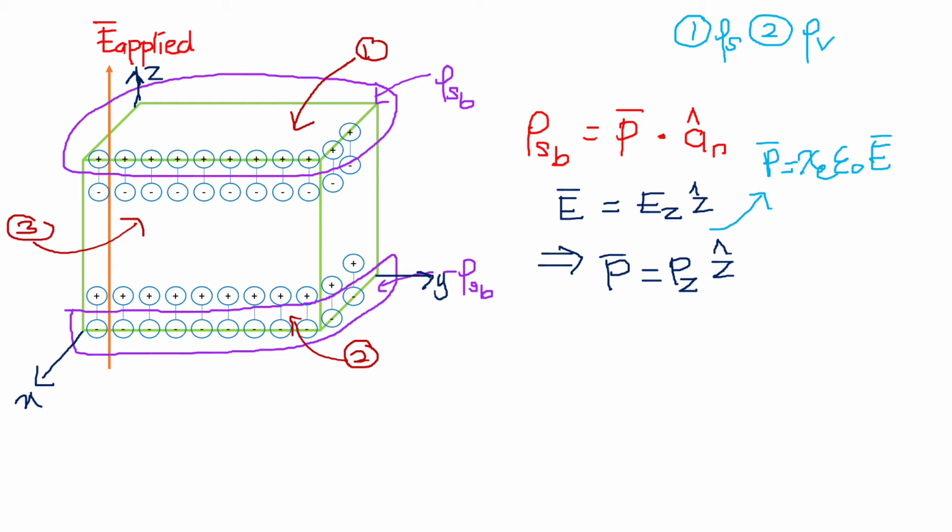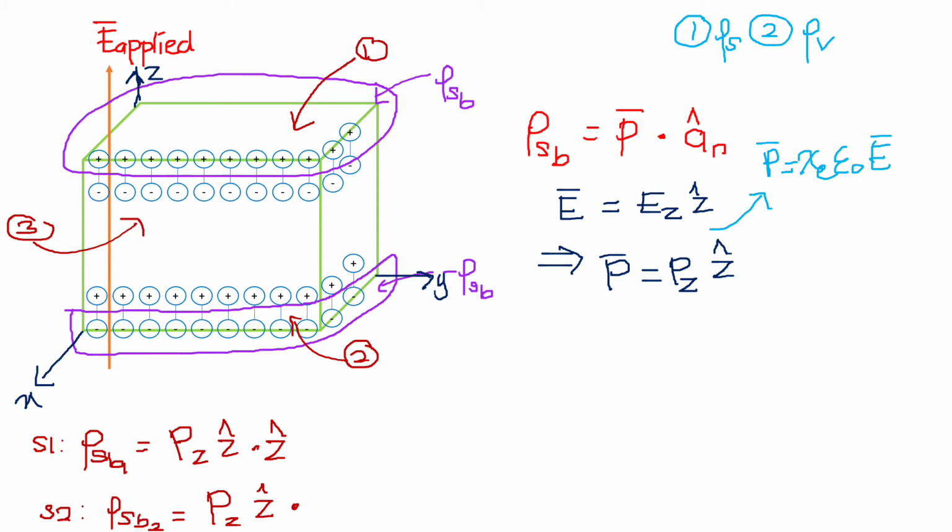At surface number 1, rho SB1 is equal to P_z in the z direction, and the unit vector is in this direction, so it will be the dot product with z. For surface number 2, rho SB2, the P_z is in the z direction.